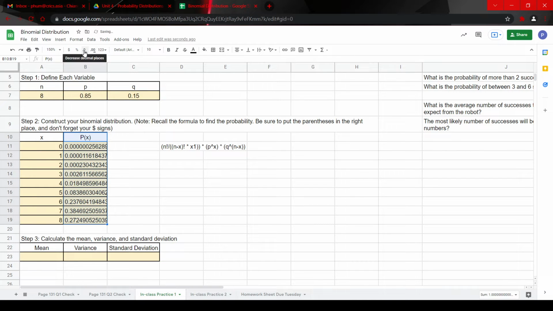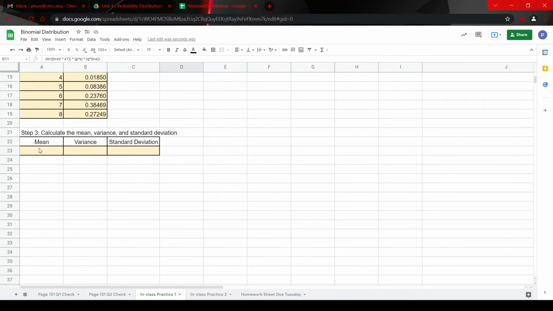So I can decrease it until I have, I would say for this one, 5 decimal places is okay. As long as you're anywhere between 2 and 8 decimal places, it should give a pretty good number. And so now we have our probability distribution.